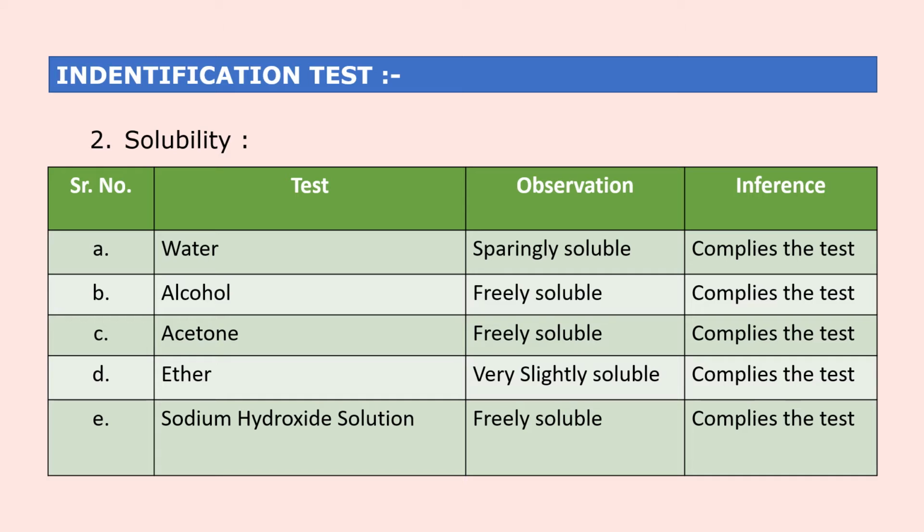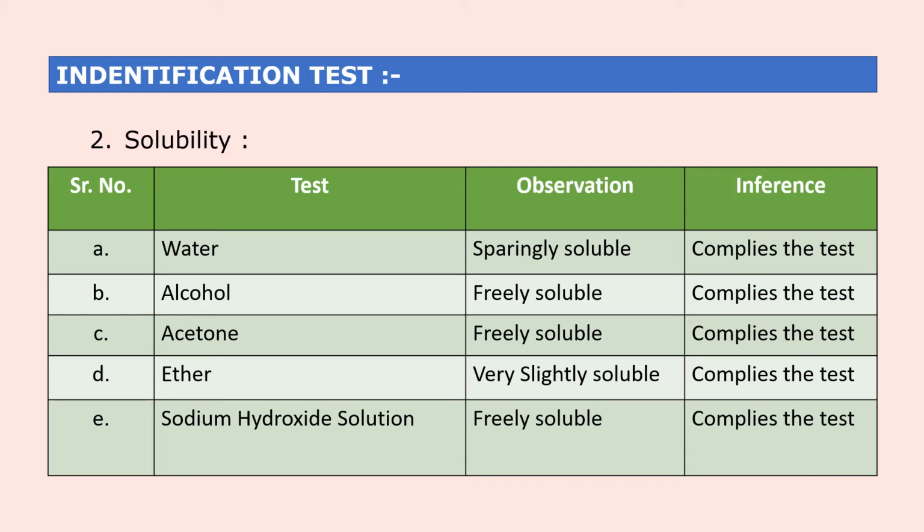Then solubility. As per IP, paracetamol is freely soluble in alcohol, acetone, solutions of alkali hydroxide, for example sodium hydroxide, sparingly soluble in water, and very slightly soluble in ether.